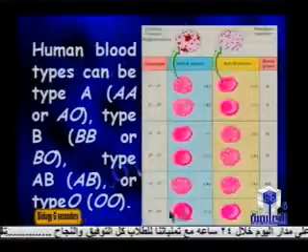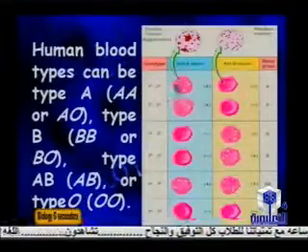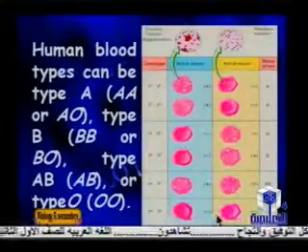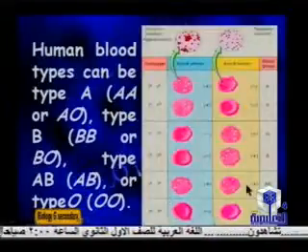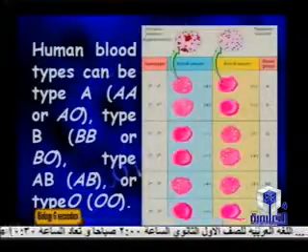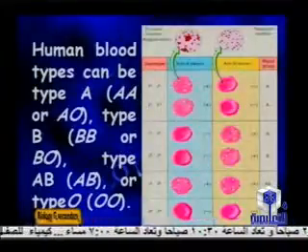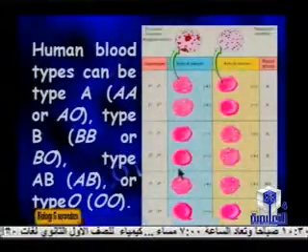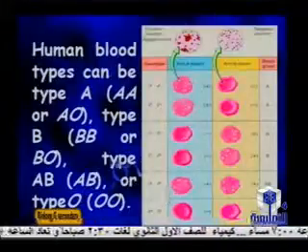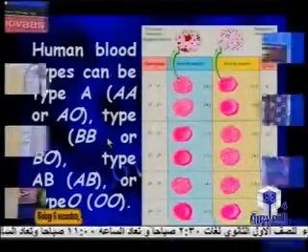While O can't take any blood except from O only. Also, we consider AB the universal recipient, because it takes from all the blood groups.